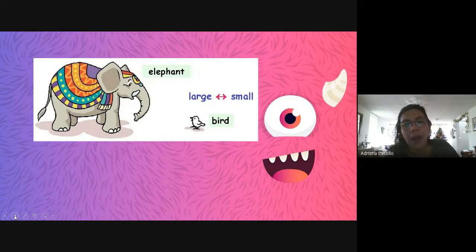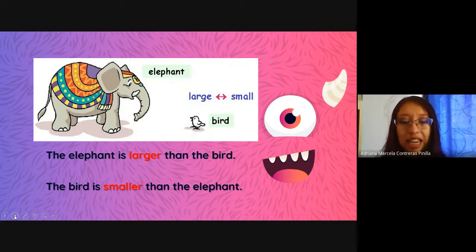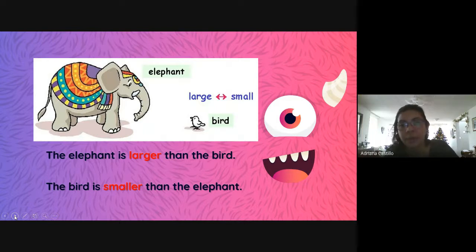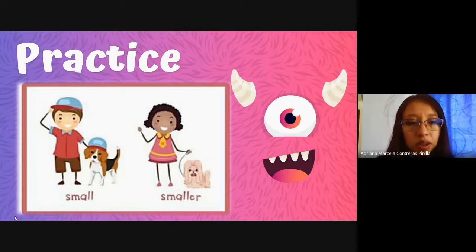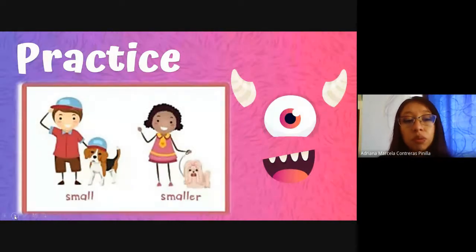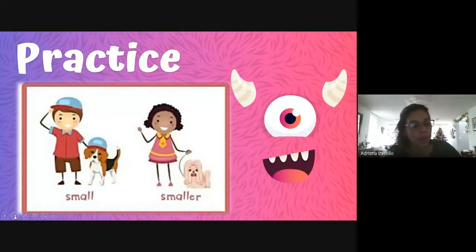And the bird is smaller than the elephant. Yes, very good. Exactly. Larger and smaller. So let's practice. We have a small and a smaller. Tell me another example, please, with those people.